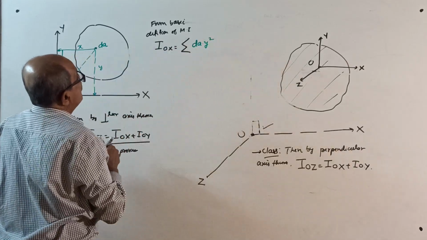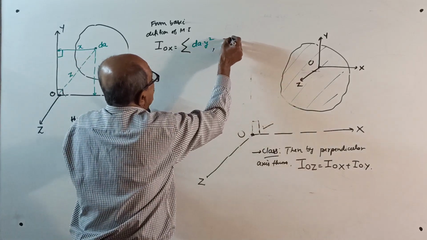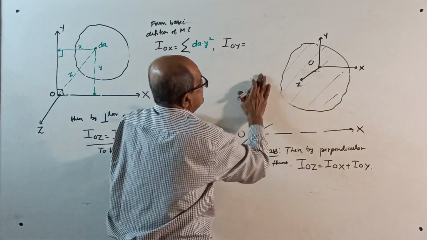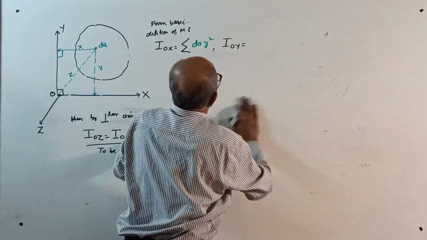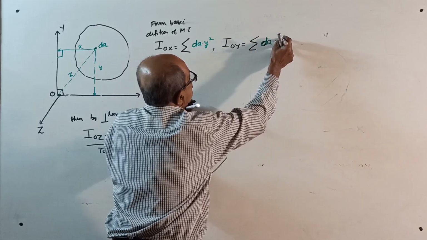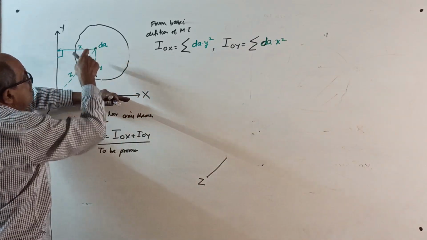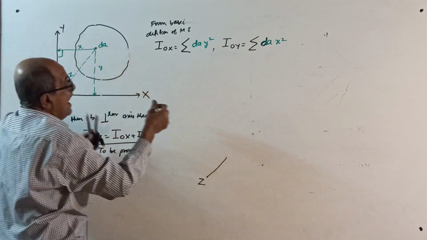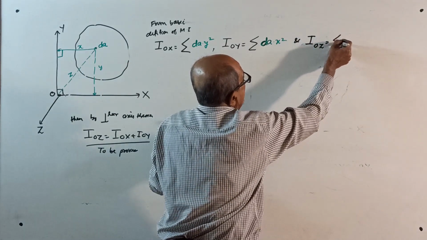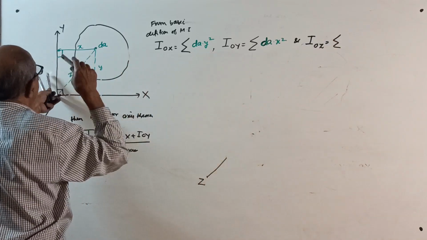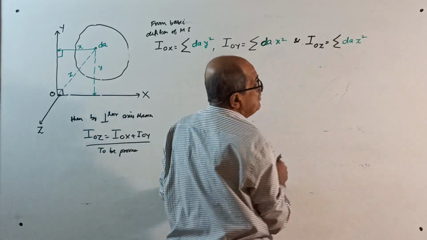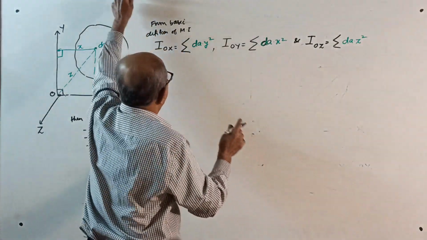This has been told thousands of times. Then moment of inertia about OY equals sigma of dA into x square, and I about OZ equals sigma of elemental area dA into Z square. Some people write R for the radial distance, but Z is okay.